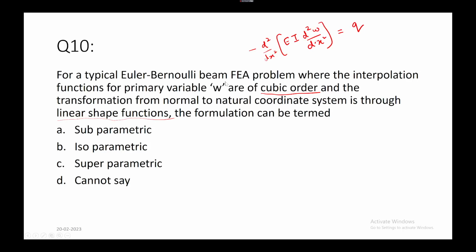I have listed the Euler-Bernoulli beam equation, and we have said that w, the primary variable, is approximated through cubic order functions, and the geometry is approximated through linear shape functions. So what's the answer? Any guess? Is it A, B, C, or D?